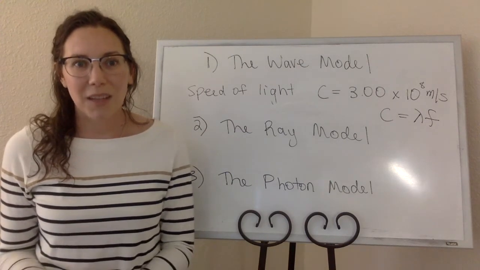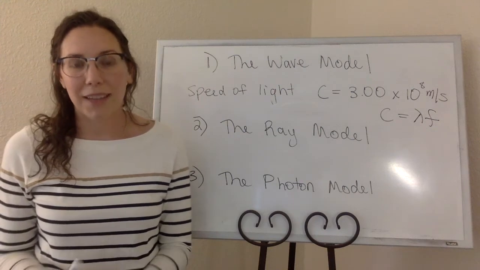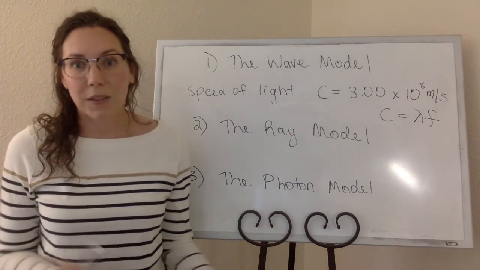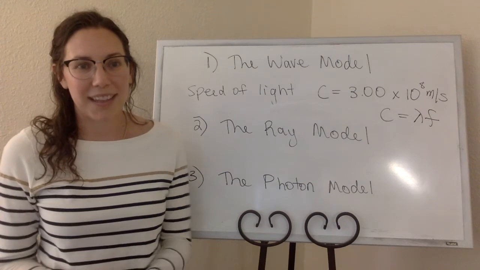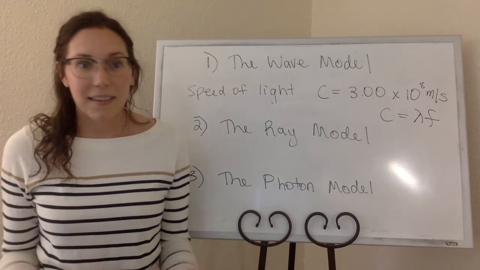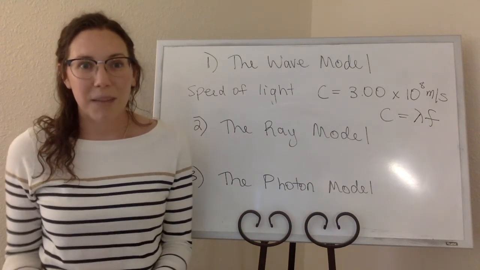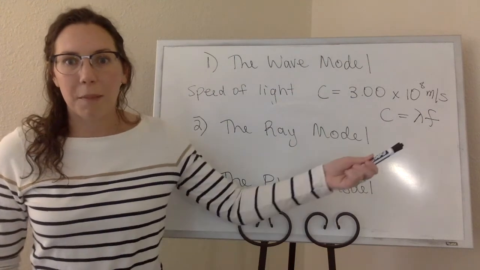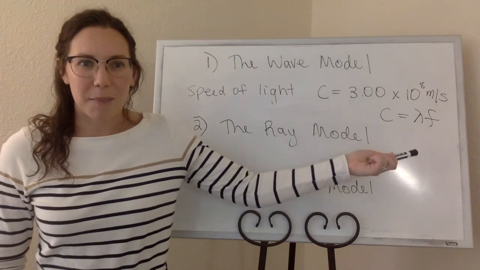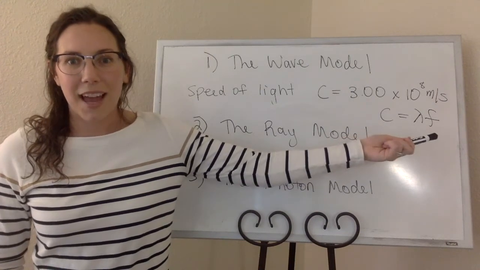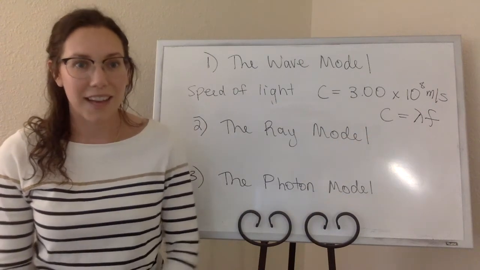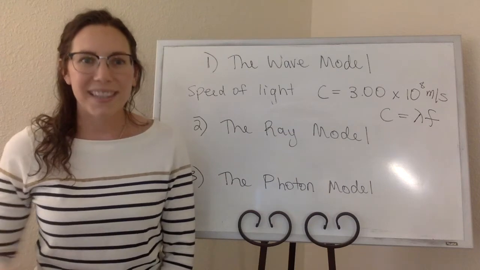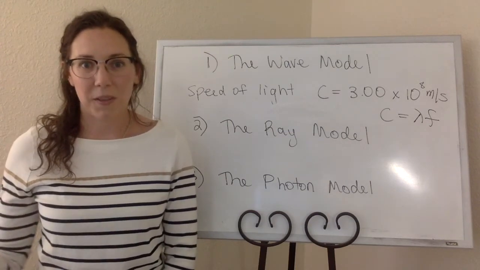And in a vacuum, electromagnetic waves will travel at the speed of light c, which is 3 × 10⁸ meters per second. And the wave speed equation, v = λf, still applies. So if it's an electromagnetic wave, we know that the wave speed would be c = λf, where λ is the wavelength and f is the frequency of the light. And we'll use this again later on in this module.